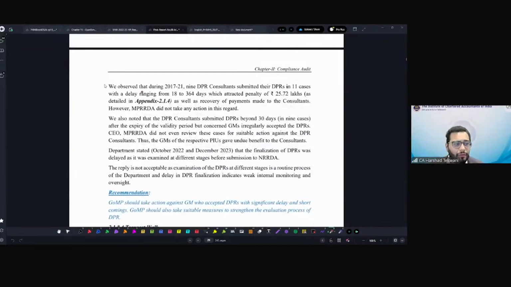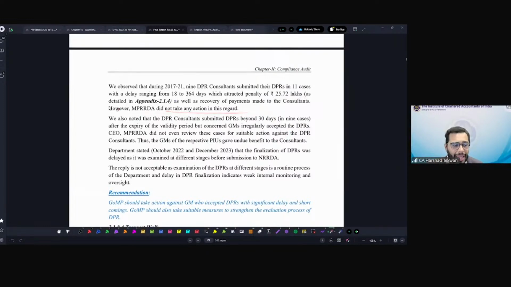Now, what is their observation? Basically, their observation is 9 DPR consultants submitted their cases. There was some delay, for which there was supposed to be this much amount of penalty as per the recovery of the payments. But the entity managing the program did not take any action.